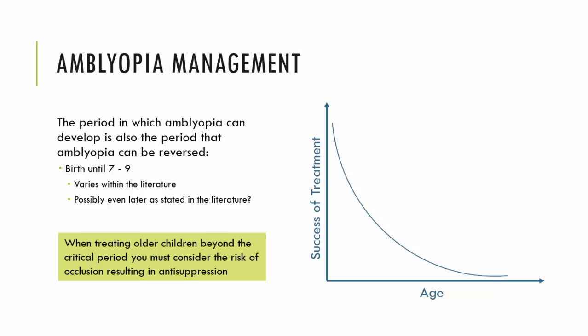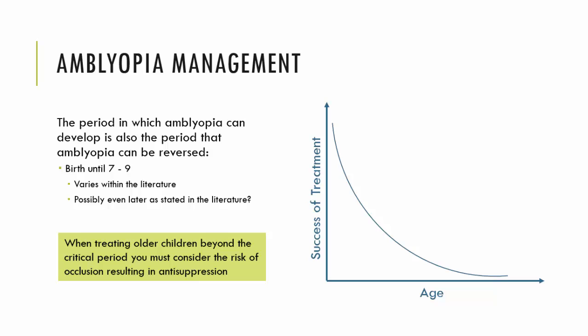Now, before we discuss the options for occlusion, I want to just bring your attention back to the timing of amblyopia treatment. When can we manage amblyopia and reverse any reduction in visual acuity? Well, by now you're well aware of the critical period and when amblyopia can develop. Amblyopia can develop from about birth to approximately around 7 to 8 or 9 years of age.